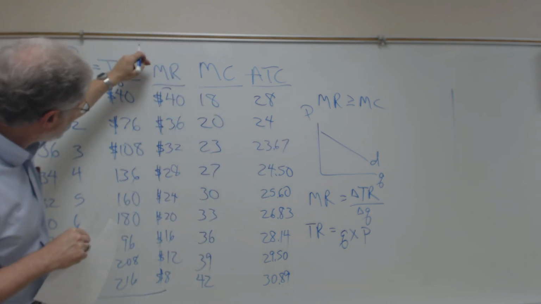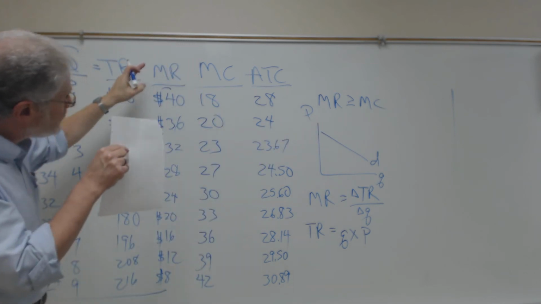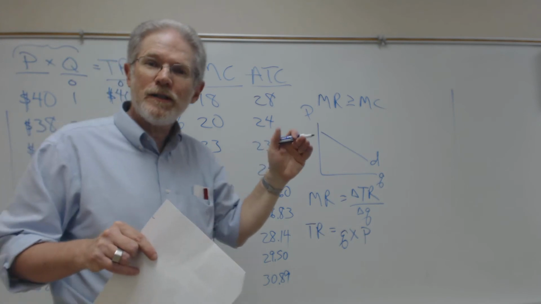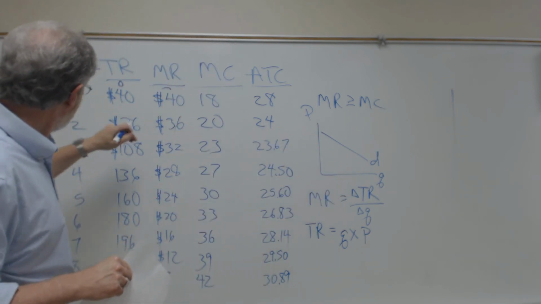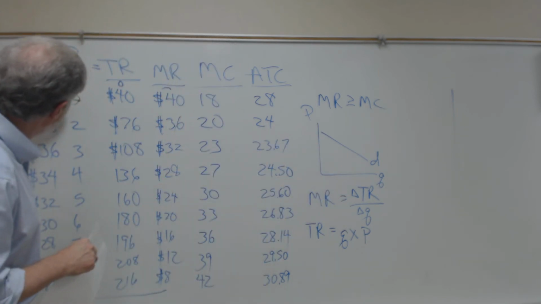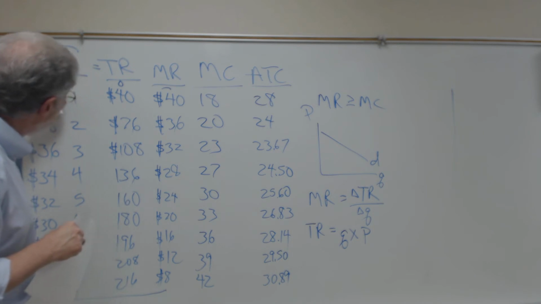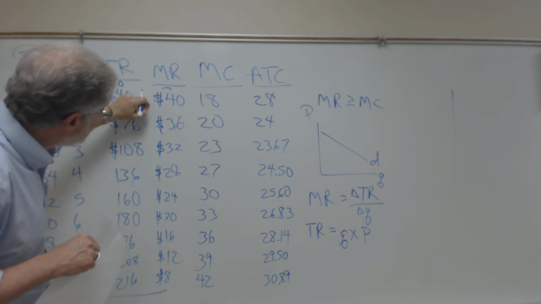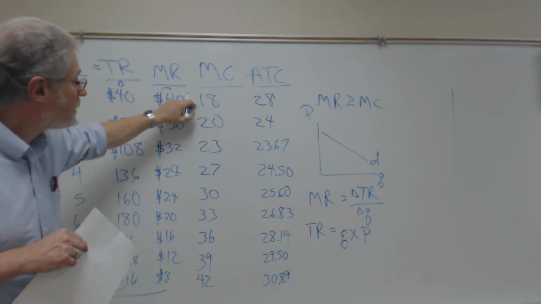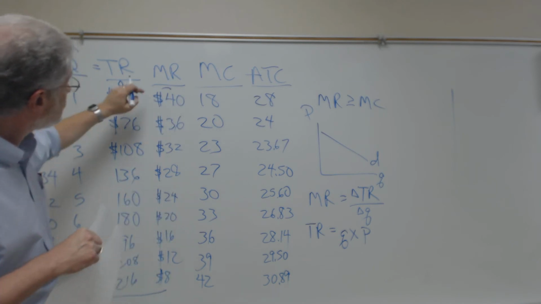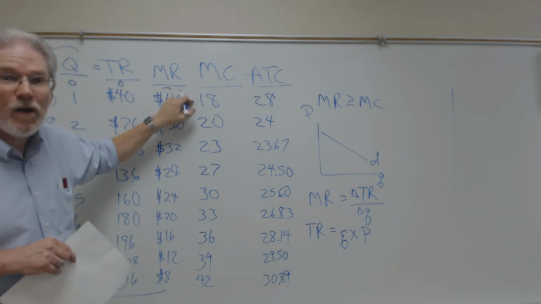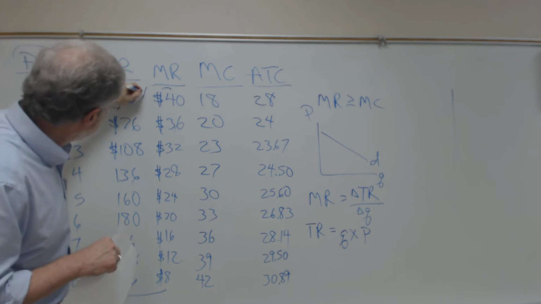Once we have the marginal revenue curve, then this is going to work just like it did with the price taker, because the firm looks at the first unit and says, if I produce that unit, what's it going to add to revenue? What's it going to add to cost? You want to produce a unit that adds $40 to revenue if it's going to only add $18 to cost? Certainly.